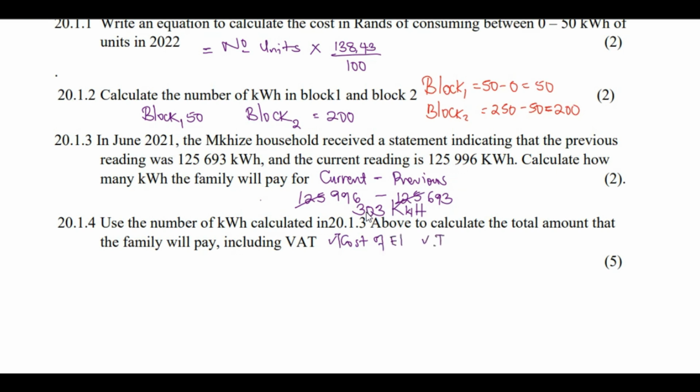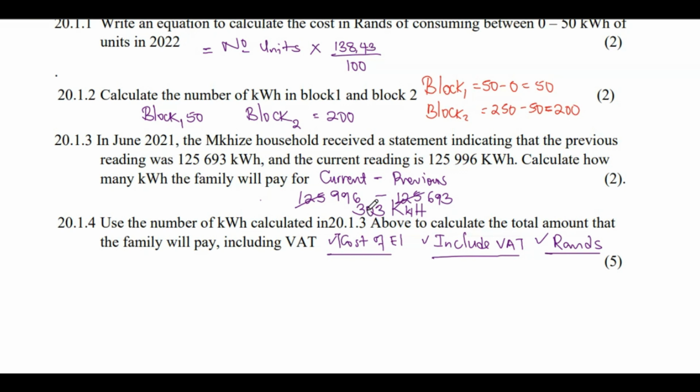Two, we shall need to include VAT. Three, the money has to be in rands. These are the critical points. I'm looking for total cost of electricity, but it has to be in rands and it has to include VAT.